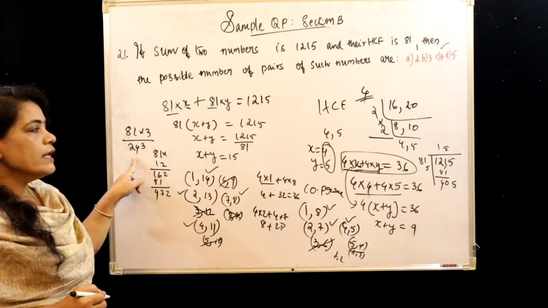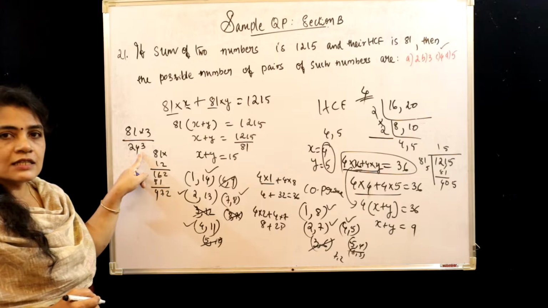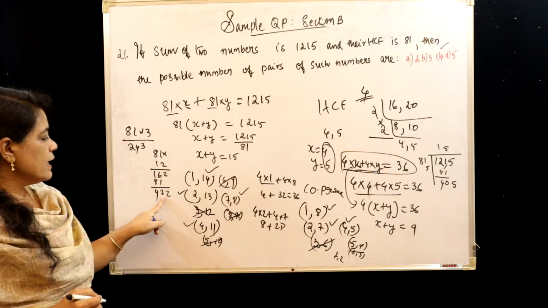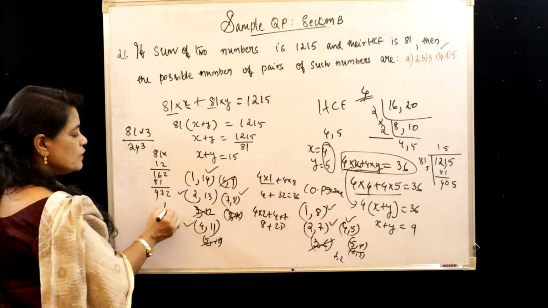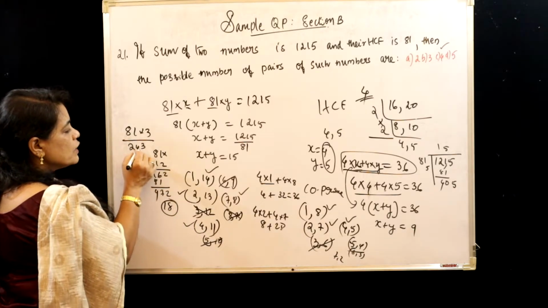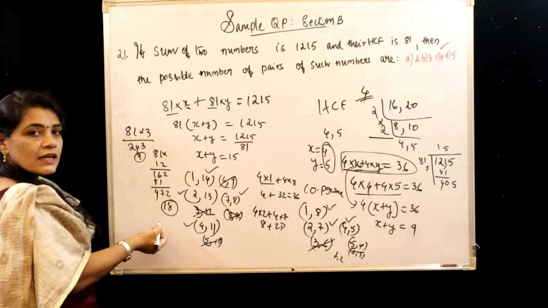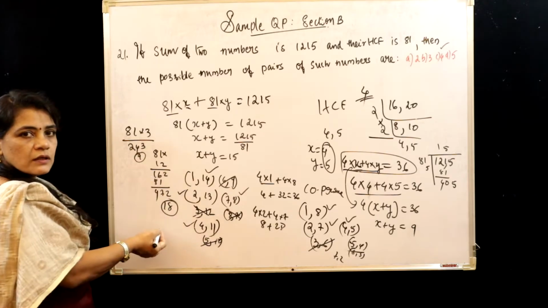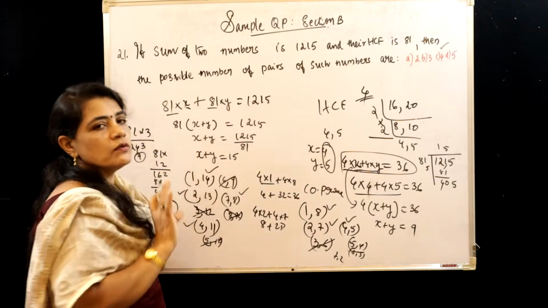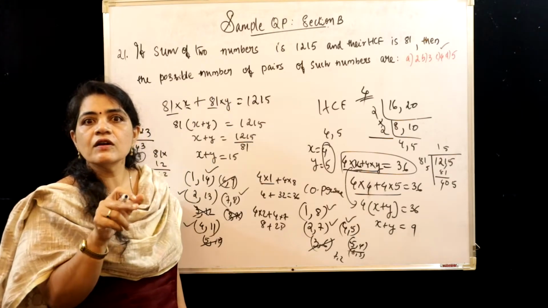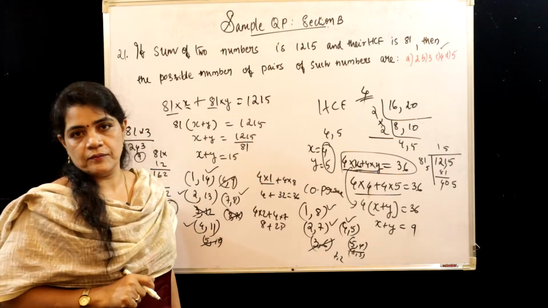See children, it is very clear that 2 plus 4, 6 plus 3, 9. Here 11, 9 and 9, 18. The sum of the digits is a multiple of 9, a multiple of 3, that is 3 is a common factor. That means their HCF is not the 81 given. That is the reason why we are not considering that pair.